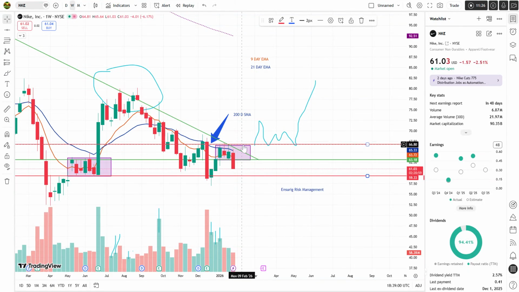Nike has to come back to this area, maintain this area as support, and then we will know for sure that Nike is going to go higher. Until then, we stay away from Nike, even if it has, who knows, good news coming in. It needs to maintain this area right here for us to know Nike is going much higher.